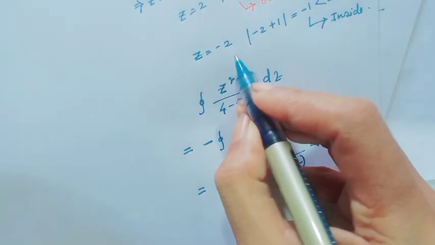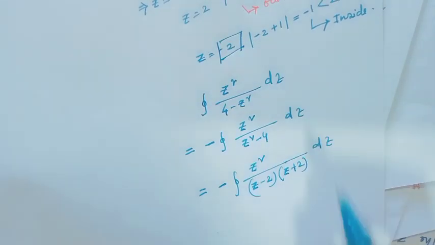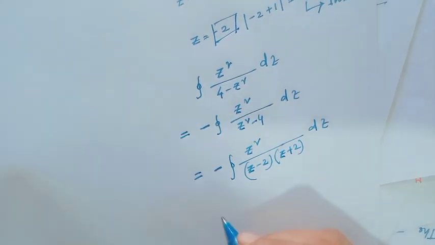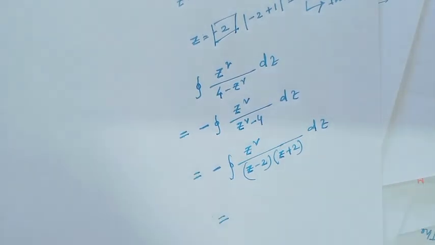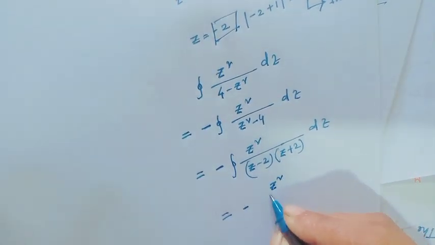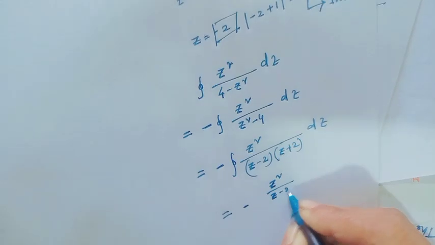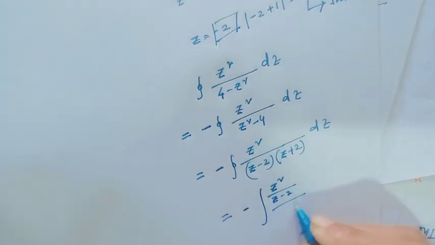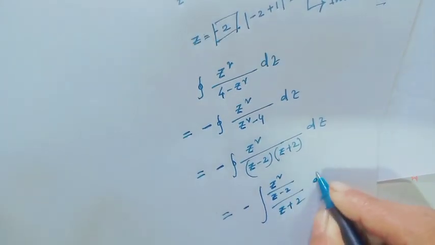And here minus 2 is the point inside. So the value f of z here is z square over z minus 2, and the remaining factor is z plus 2 dz.